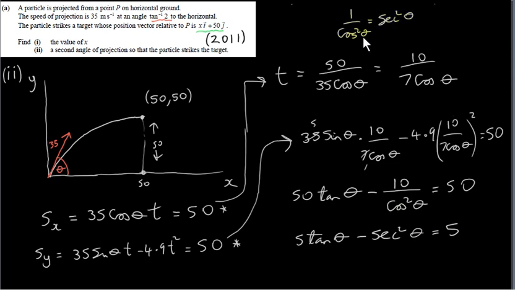Sec theta is 1 over cos theta, so 1 over cos squared theta is sec squared theta. The reason I write it like this is because we can get an identity linking up tan theta and sec squared theta. We can actually write sec squared theta in terms of tan theta. So we have an equation all in terms of tan theta, so we just have the same function.